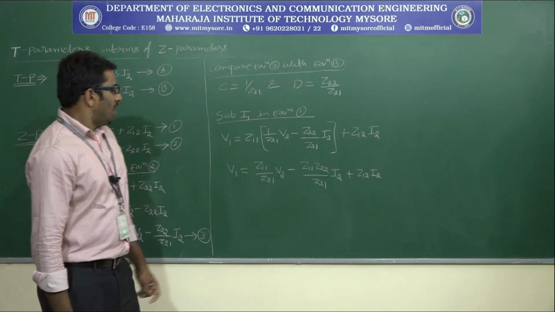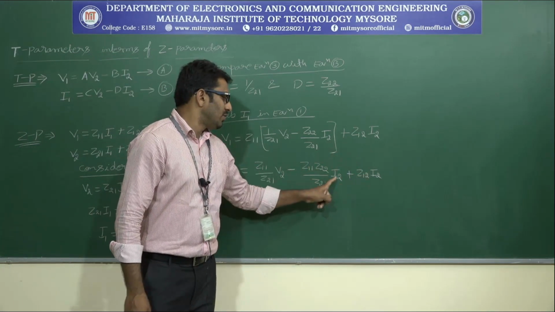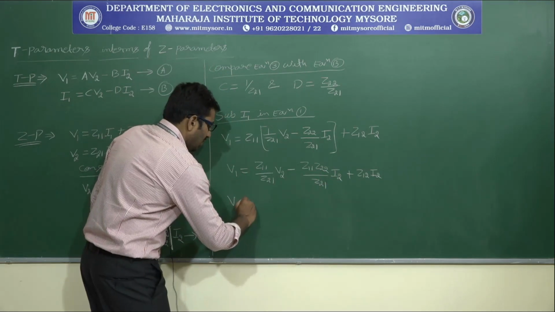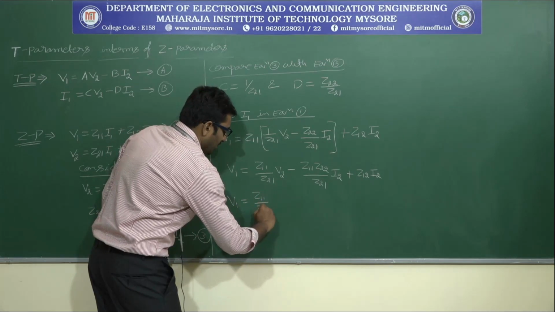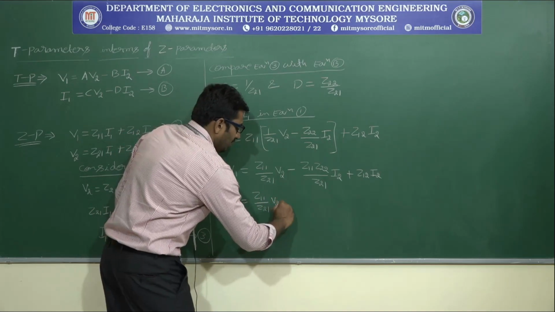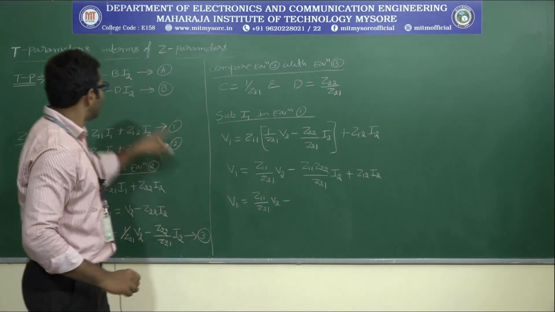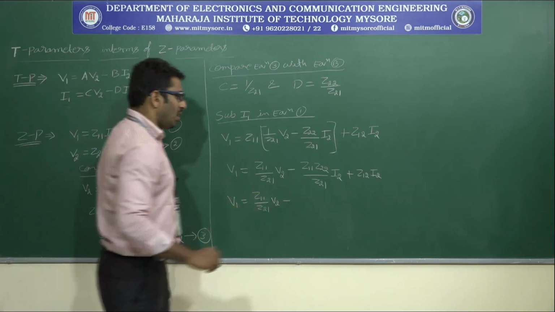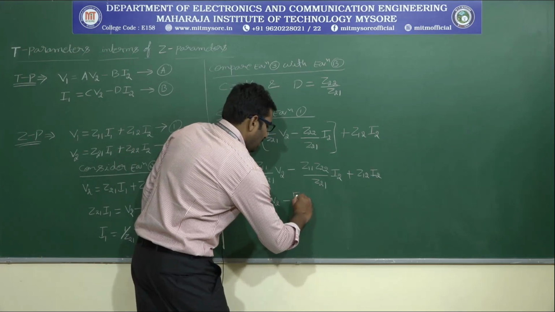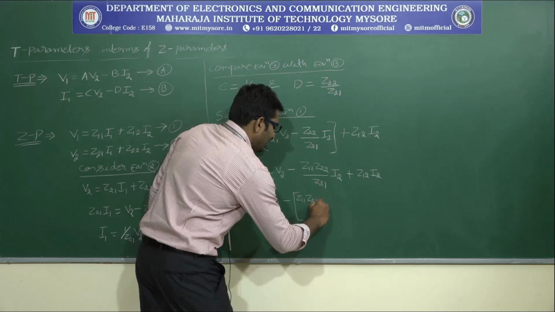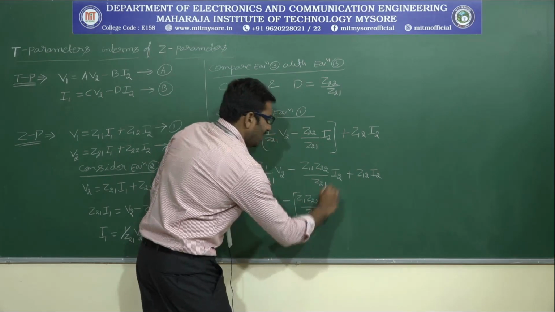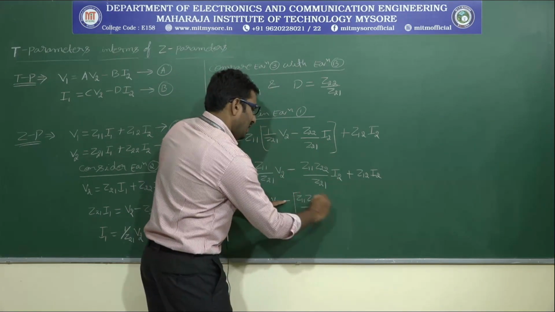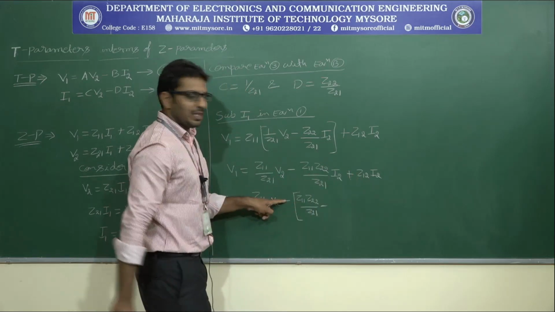In the last two terms, we can take I2 as a common factor, right? Therefore V1 is equal to Z11 divided by Z21 V2. See, I am taking minus as a common factor because in the standard equation the minus sign is there. So if minus is a common factor, just put minus, because minus into minus is plus. Is that clear?